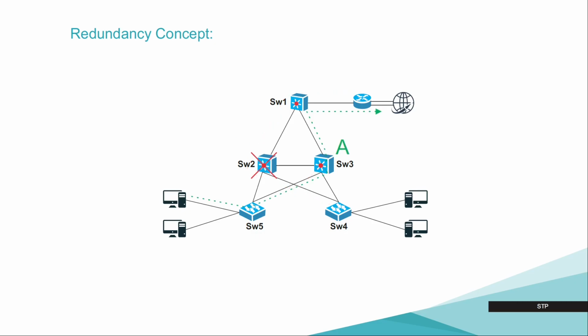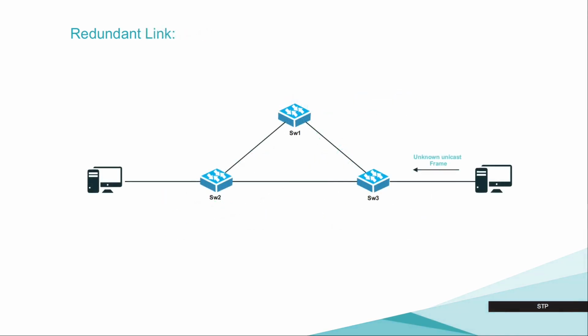If switch 2 goes down, we can still use path A, and switch 4 and 5 will be able to forward the data to the internet. So having a redundant link in our network is great and very helpful. But let's take a look at our example and see what a redundant link can cause to our network.